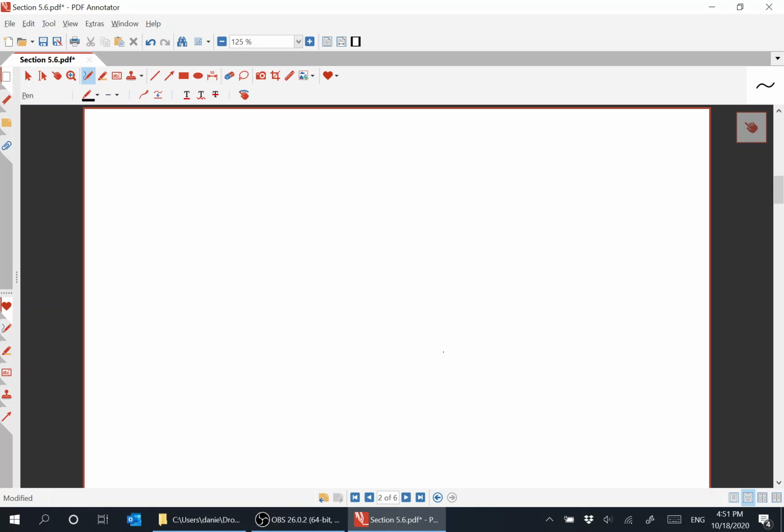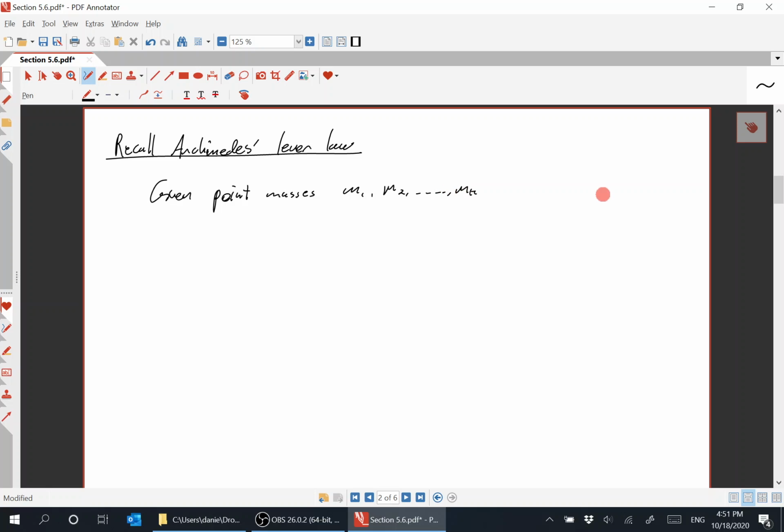If you remember Archimedes' lever law, it says, given point masses M1, M2, all the way up to Mk, along a rod of negligible mass, at coordinates x1, x2, up to xk.